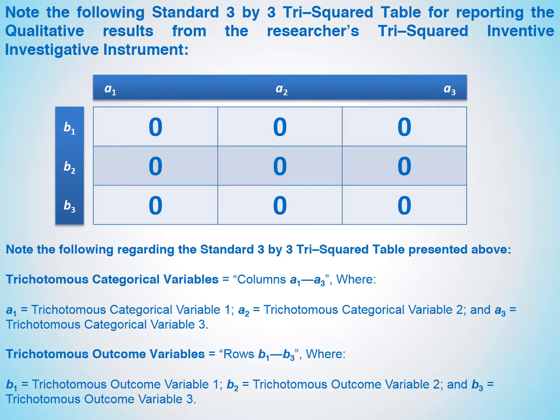In this instance, A sub 1 through 3 are now called trichotomous categorical variables, and B sub 1 through 3 are our trichotomous outcome variables.